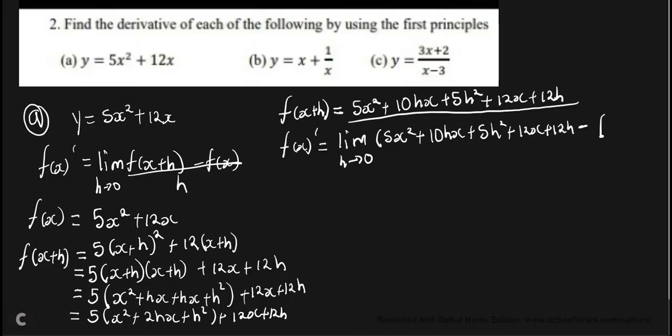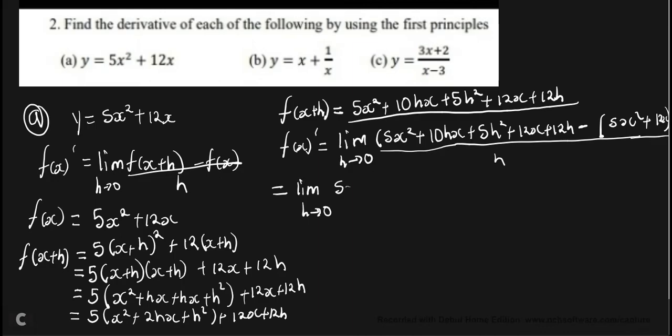Your f of x is the given equation, which is 5x squared plus 4x, like that, over h.